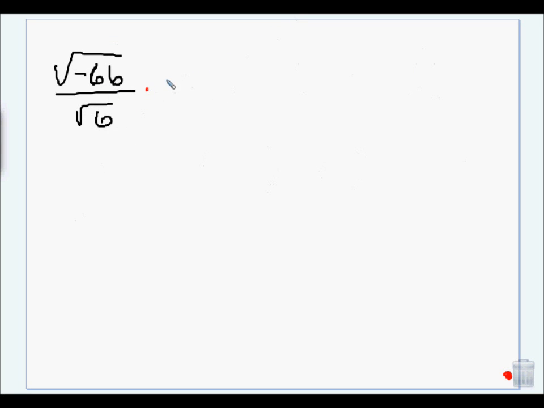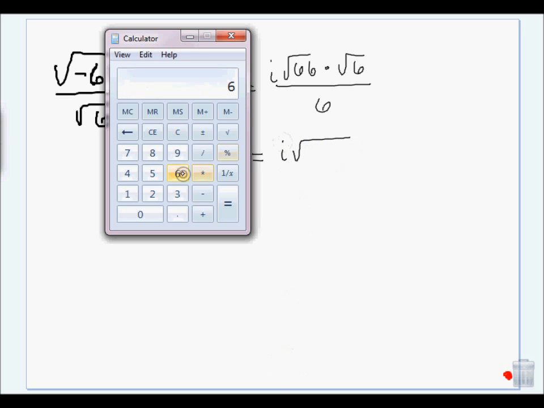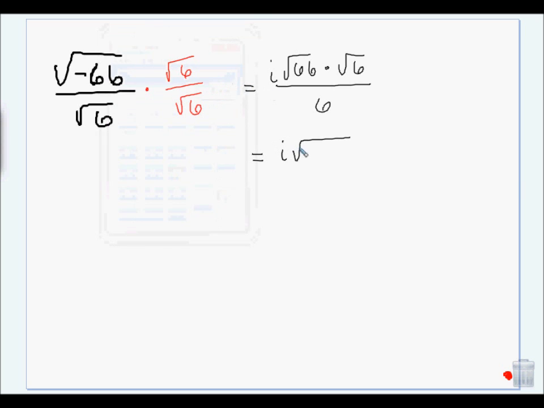Okay, no radicals in the denominator. Oops, I forgot to pull out my i. So what this is actually is i times the square root of 66 times root 6 over 6. And 66 times 6 is 396 over 6.